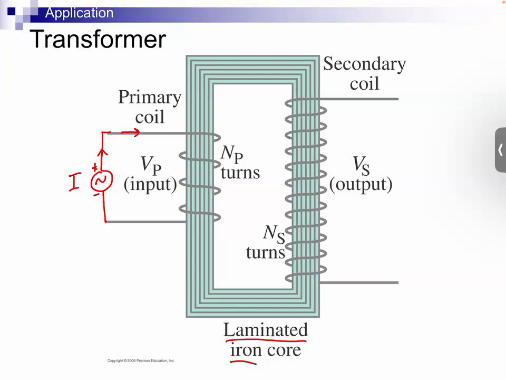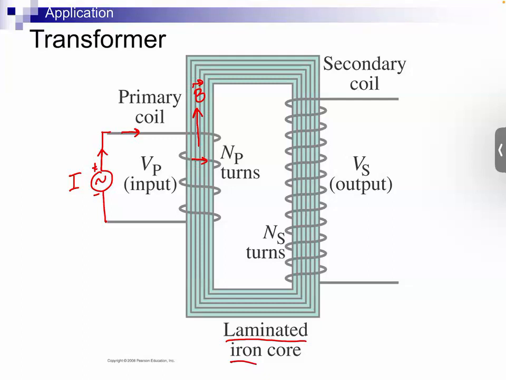Because there's current in the wire, right-hand rule: you curl your fingers in the direction of the current flow. Current will flow through your coil like this, so coil your fingers in the direction of the current flow, and your thumb points in the direction of the magnetic field that's created by the current. In other words, you have a magnetic field that's created in the laminated core inside the coil like this.